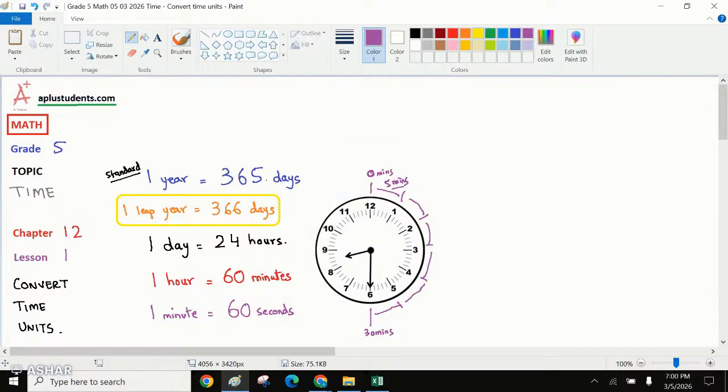Agreed? Because it's half of an hour. Let me just shade this so that we have a better picture of this. This is half an hour, right?